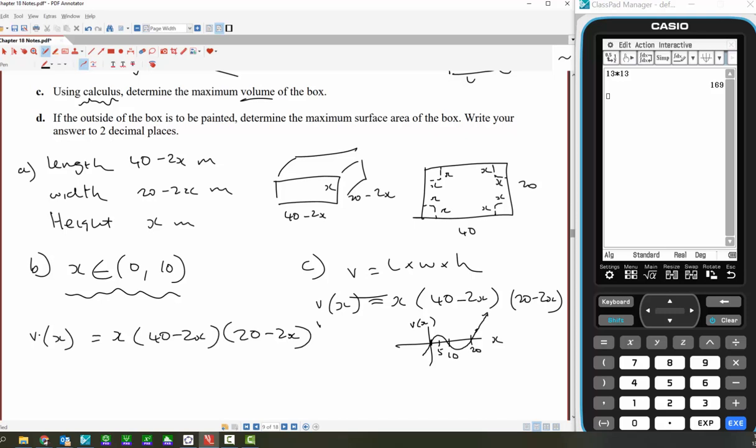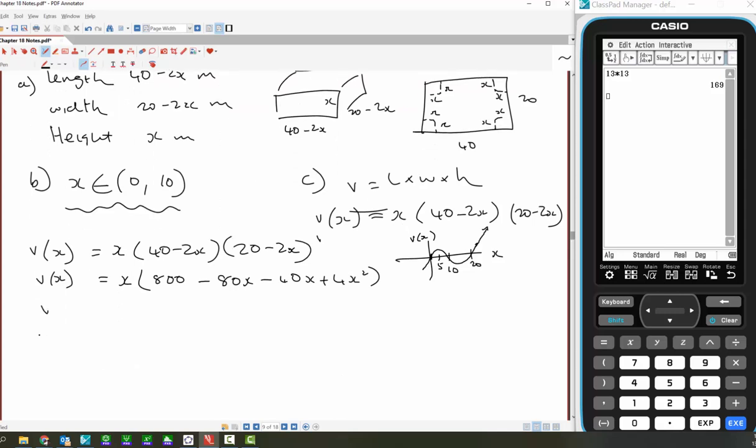And what we've got to get is a derivative for this. Now, unfortunately, that does mean that I've got to expand this out to become single terms and then derive it. So 2 4s are 800. Take away 80x. Take away 40x plus 4x squared.